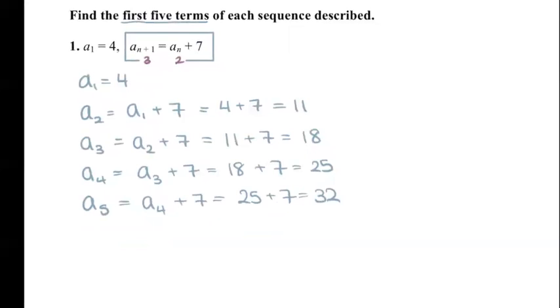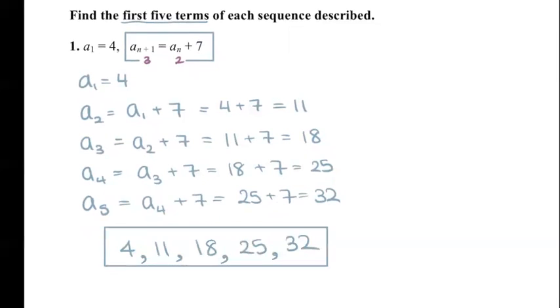So your final answer would be 4, 11, 18, 25, and 32. Final answer. And that is how you figure out a recursive sequence.